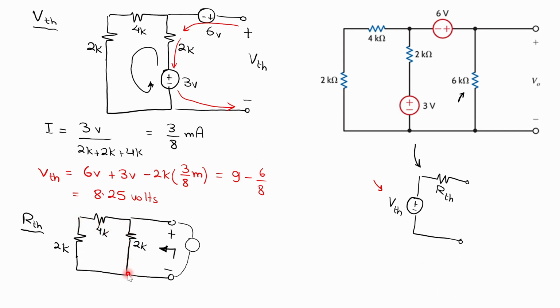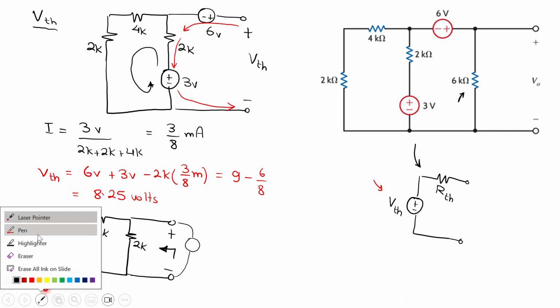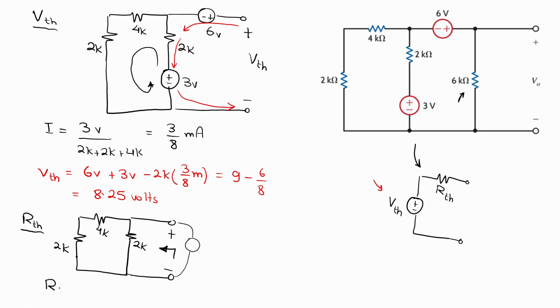So we have this branch 2K parallel to 6K. So this is the total resistance seen from the terminals of the load. So R Thevenin is equal to 2K parallel to 6K, which is 2 times 6 over 8.